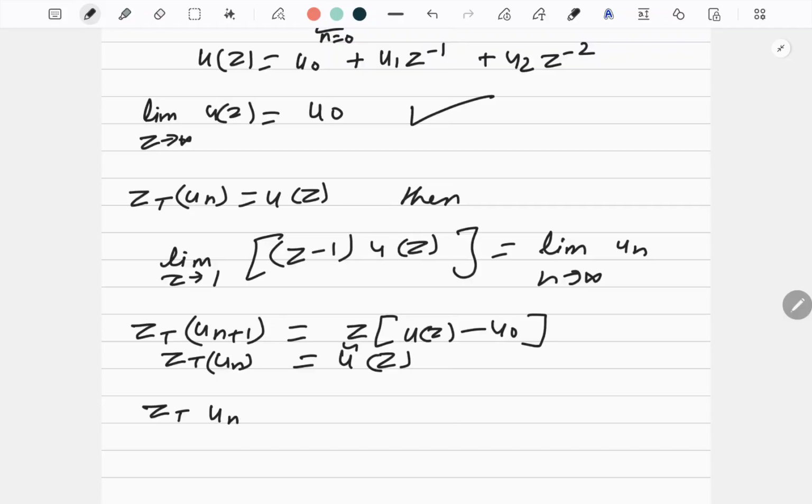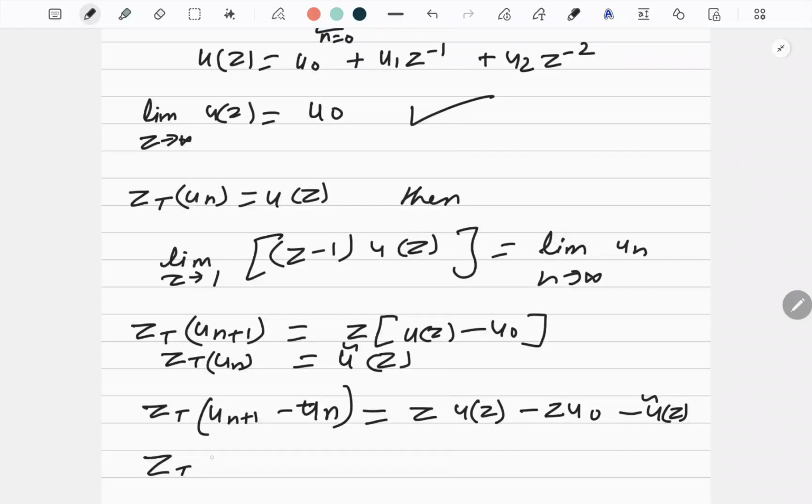Now subtract these two. Z transform of un plus 1 minus un is equal to z minus 1 uz, and from here z u0 will come. See, I'll open the bracket. So the first term is z uz minus z u0 and minus uz, because we are subtracting these two equations.